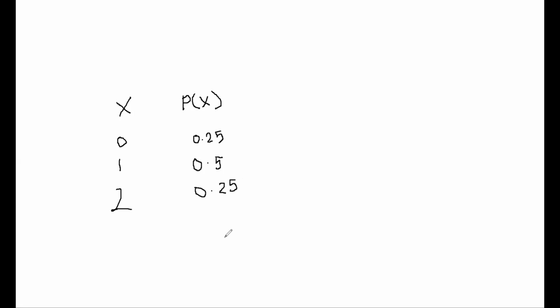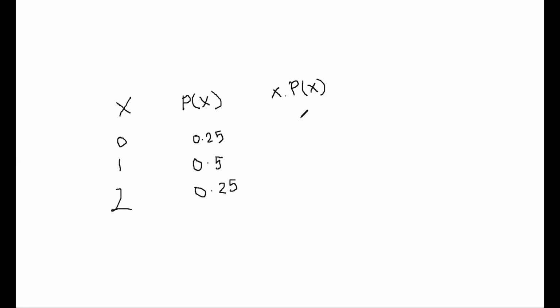Now, to get the mean of this variable, I will create another column where I will have x times probability of x. So this is another column, x times probability of x.